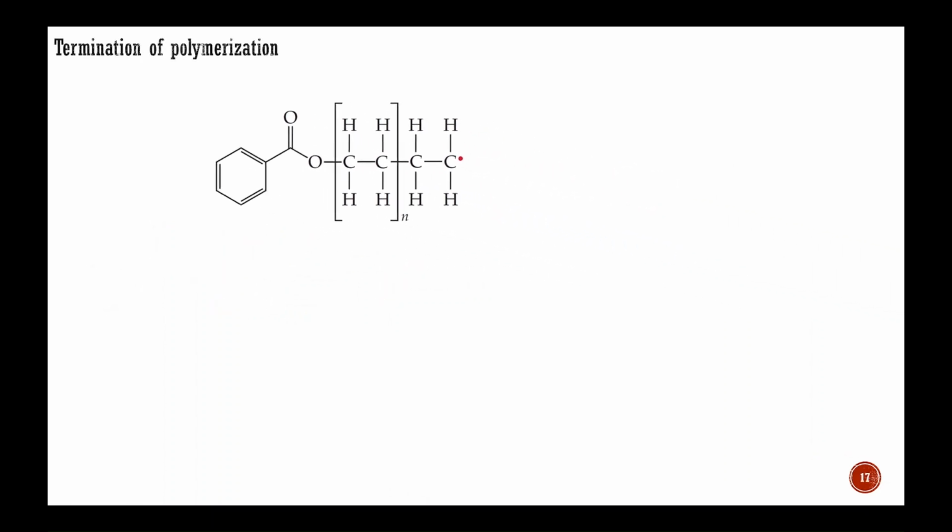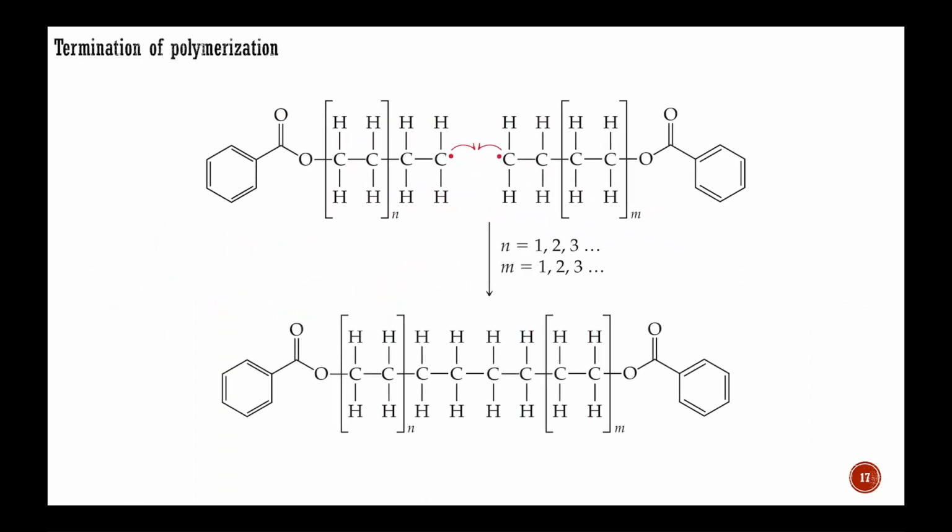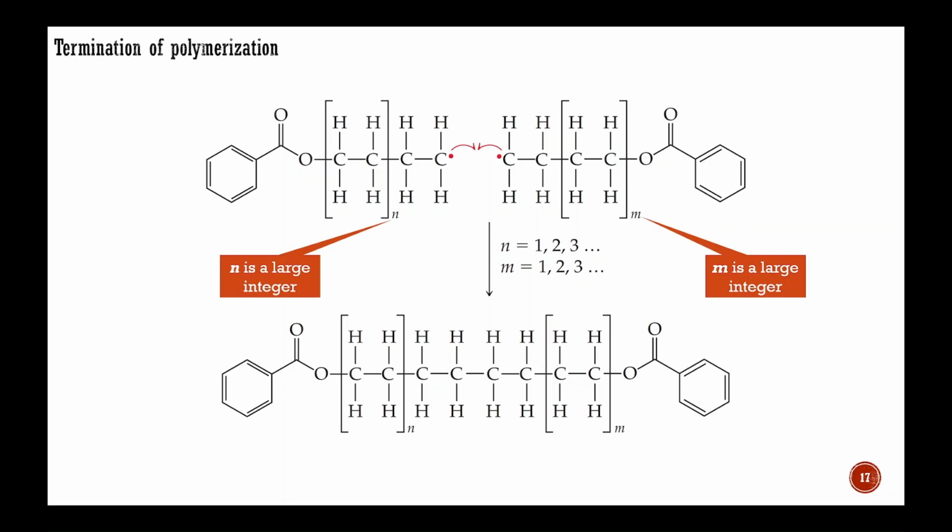Propagation continues until 2 radical polymer chains meet and react, forming a completed polymer through a final carbon-carbon bond formation that terminates the radicals. This is known as the termination step. In the structure presented here, N and M are normally large integers, which may or may not have the same value.